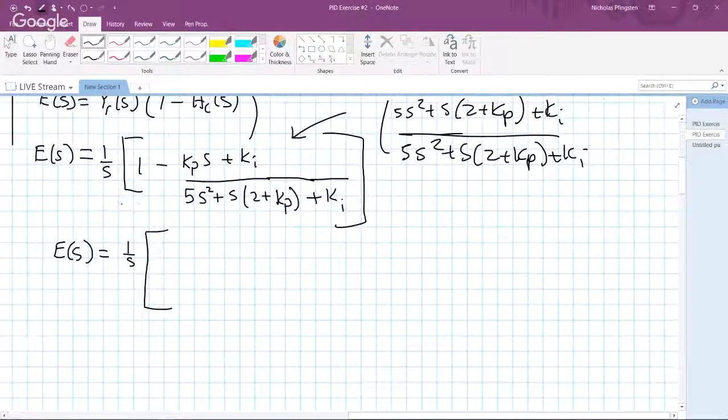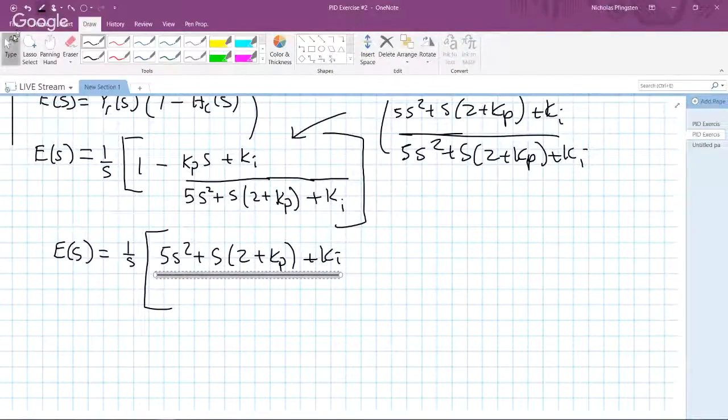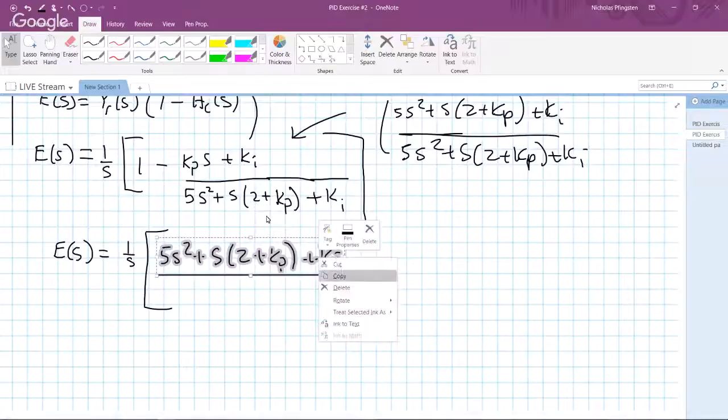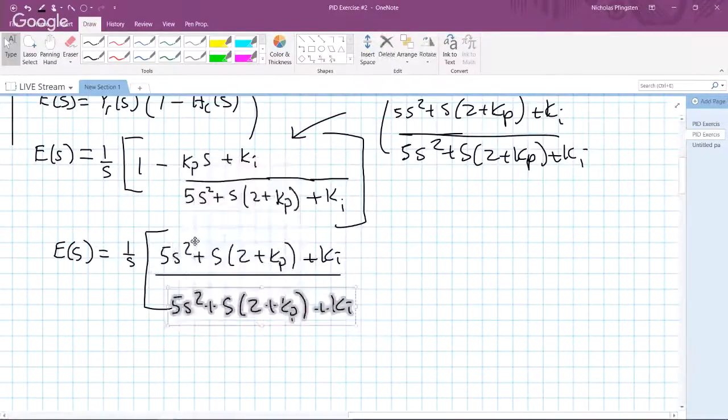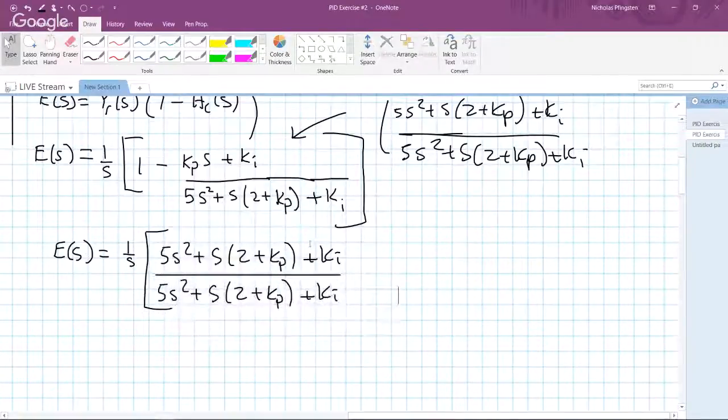This is going to be ugly. 5s squared plus s2 plus kp. Save me some time, I'm going to copy and paste this. Copy, paste, minus this.